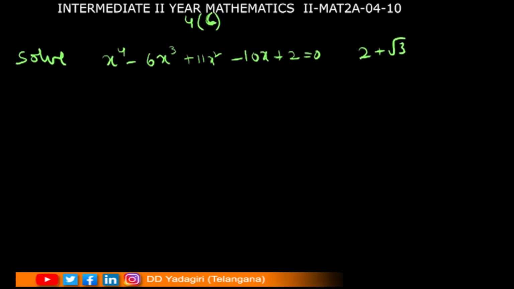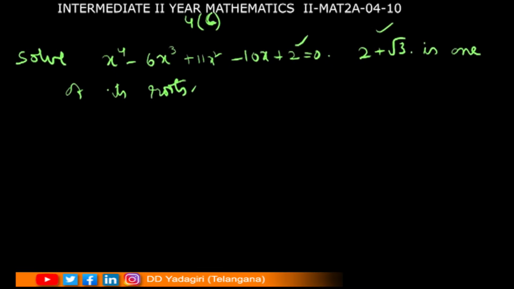One more problem is: solve x power 4 minus 6x cube plus 11x square minus 10x plus 2 is equal to 0, where one of its roots is 2 plus √3. Okay.